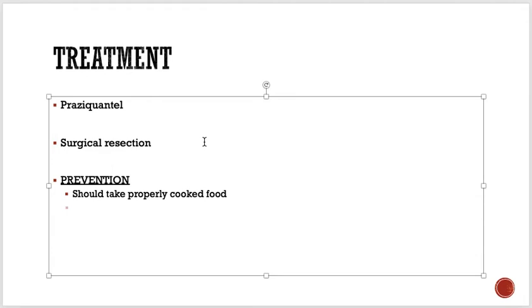Everyone should avoid, especially, undercooked crabs or crayfish. Okay, if it is undercooked, of course, the parasite may still be living.